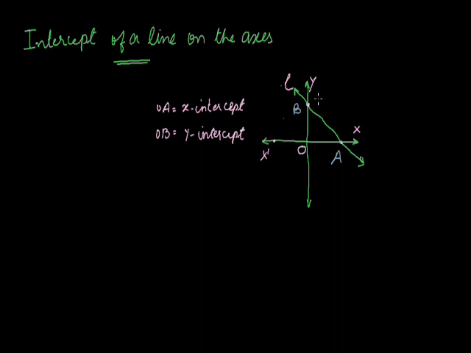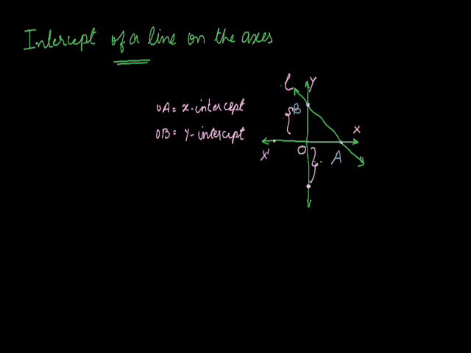Similarly, if a line intersects the positive y-axis at some point, it will make a positive y-intercept. And similarly, if the line intersects the negative y-axis at some point, then it makes a negative y-intercept. So here we cover the intercept definition.